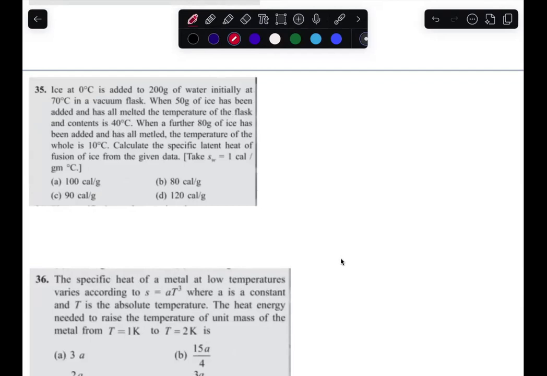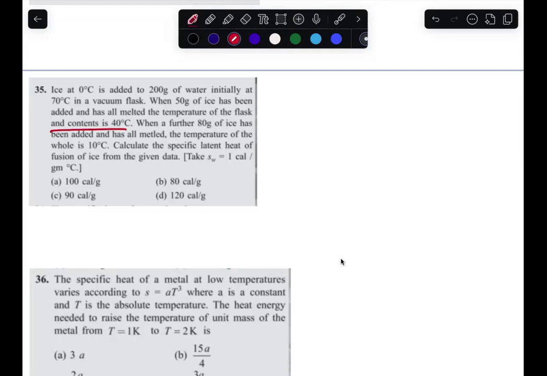When 50 grams of ice is added, you can see that very clearly here, all the ice has melted. The temperature of the flask and contents is 40.